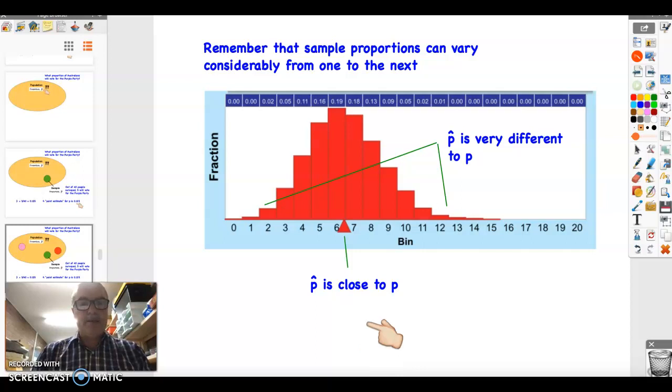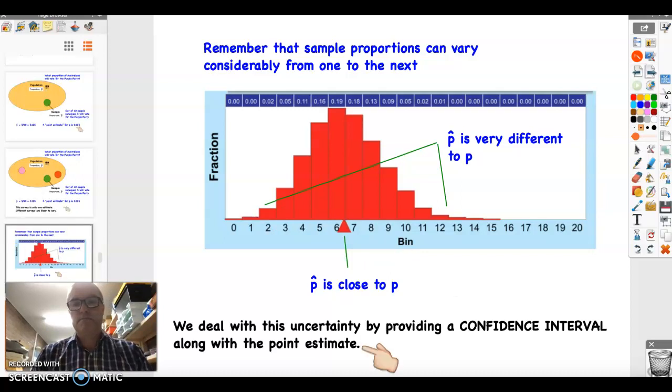In many instances, our point estimates, our sample proportions are very close to the population proportion, so we can see a lot of outcomes, samples that reflect that they're close, but it's very possible at the same time that our sample is going to be very different, significantly higher or significantly lower than what the population proportion actually is. And so we deal with this uncertainty by providing a confidence interval along with the point estimate.